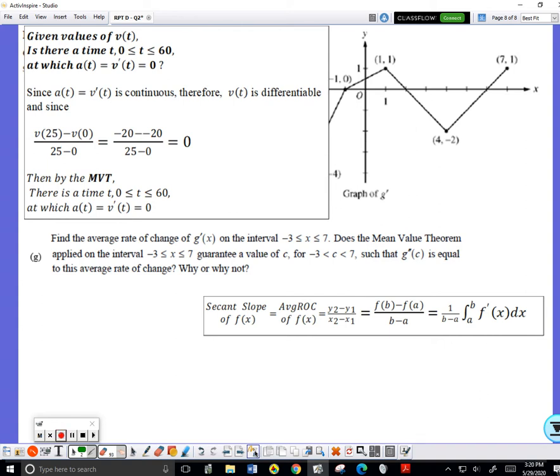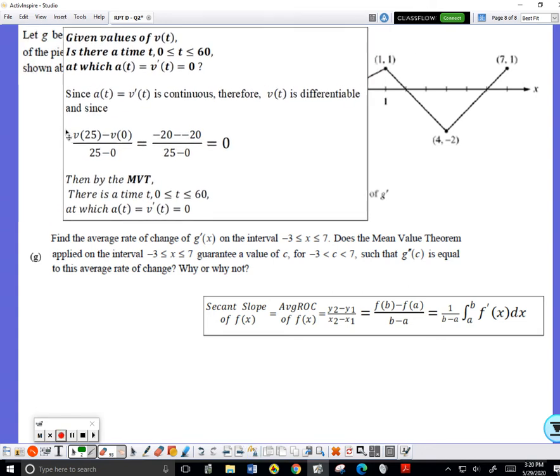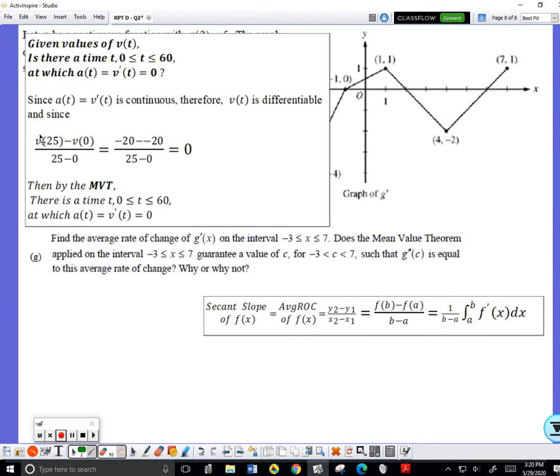So the mean value theorem says that the average rate of change of something is going to equal the instantaneous rate of change. Does the mean value theorem applied on the interval guarantee that there's some x coordinate called c where g double prime of c is equal to this average rate of change?